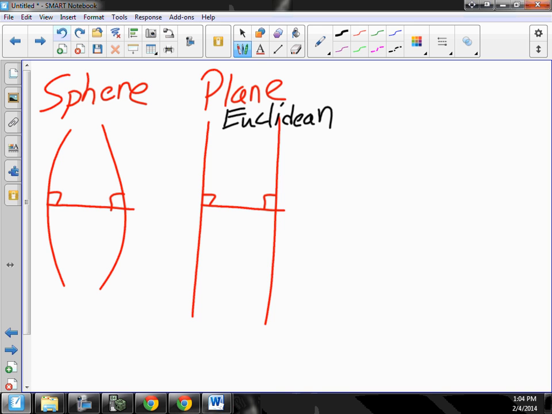The trouble is, there is no such thing as a flat surface. Name me one flat surface in space. Can you think of any? There are none. Okay? Geometry on the Earth is different from geometry on the plane.